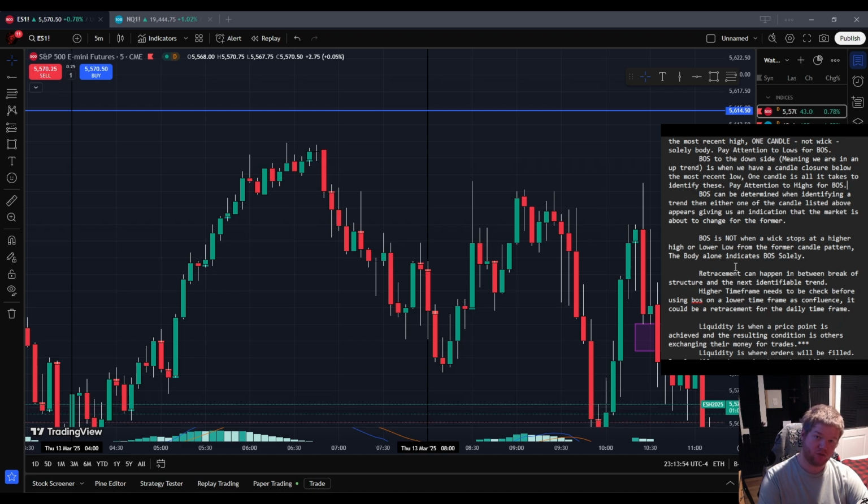These are solid notes I've taken. Some of them are solid, others can be refined. Break of structure is not when a wick stops at a higher high or lower low from the former candle pattern. The body alone indicates break of structure. In an uptrend it has to close below the most recent low, and to go from a downtrend to an uptrend it has to close above the most recent high.